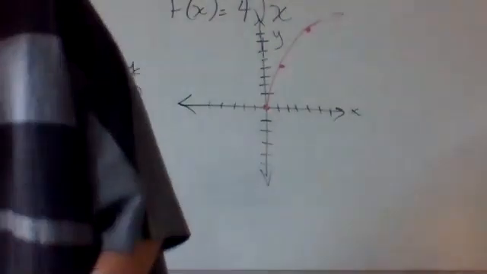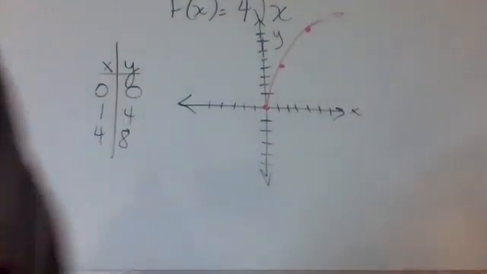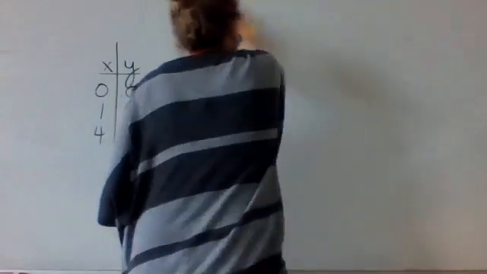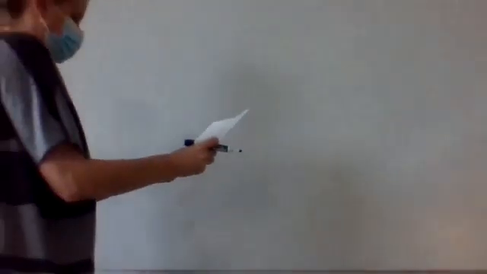All right. Number 3. F of x equals negative 2 square root of x.